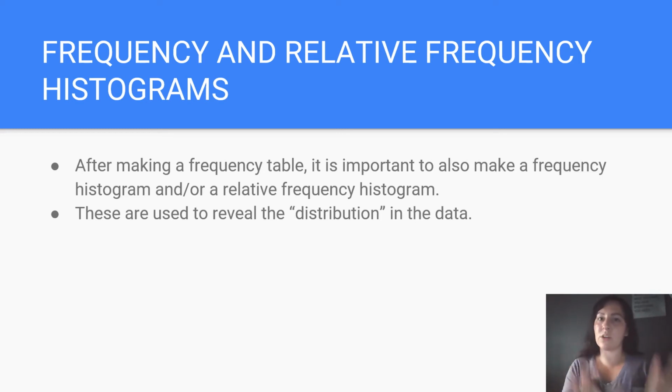May or may not, especially if you're not comparing it against anything, but it's just good practice to have that relative frequency ready to go for a histogram just in case you need it to compare against another population or something like that.